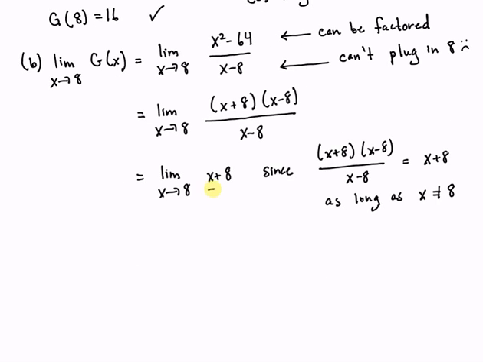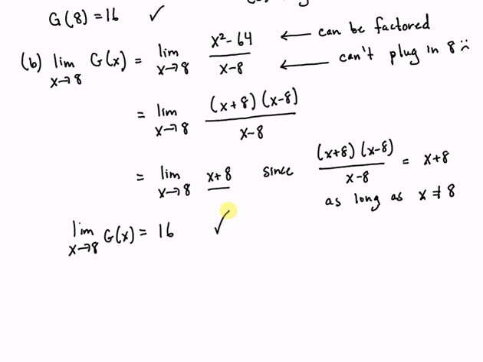Now this x plus 8 is just a polynomial, so I can plug in my 8 and get 16. So I've just figured out the limit as x goes to 8 of g of x is 16. So I've satisfied my criterion B.